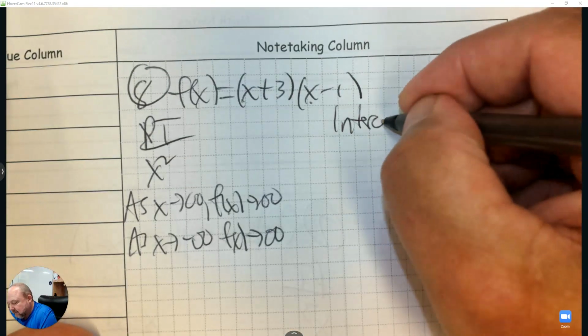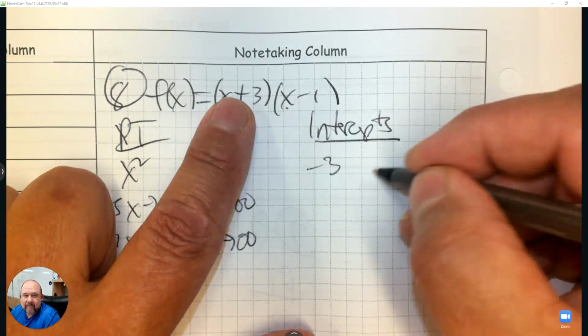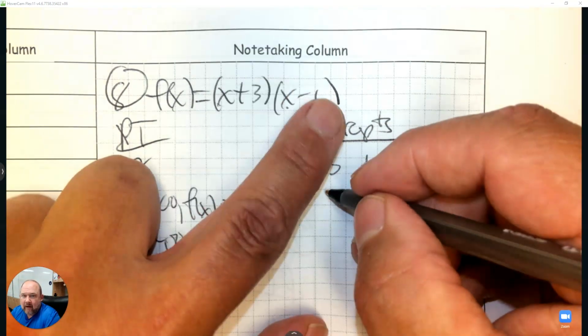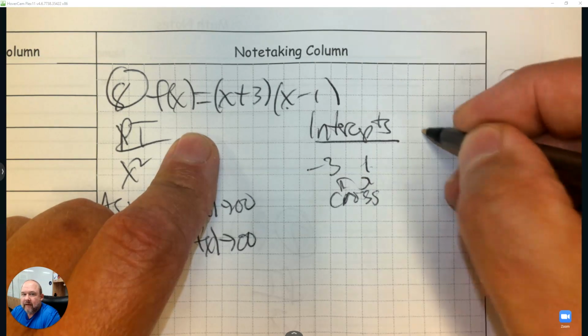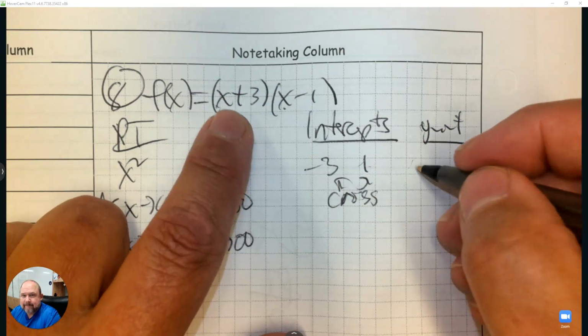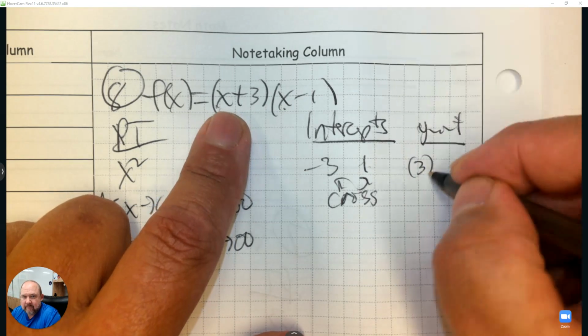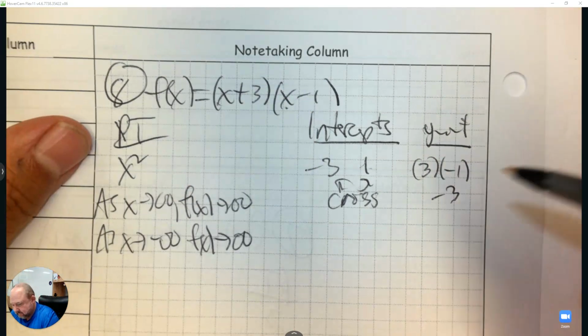The intercepts. So -3 and 1, odd, so they cross at both. And then the y-intercept. If I plug in 0, 0 plus 3, 0 take away 1, so that's -3.